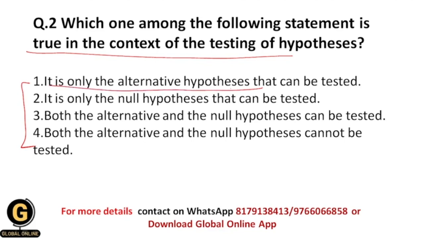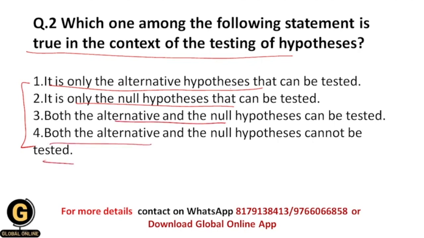Whenever we test the hypothesis, at that time we only test the alternative hypothesis. It is only the null hypothesis that can be tested. Both the alternative and the null hypothesis can be tested. Both the alternative and the null hypothesis cannot be tested.